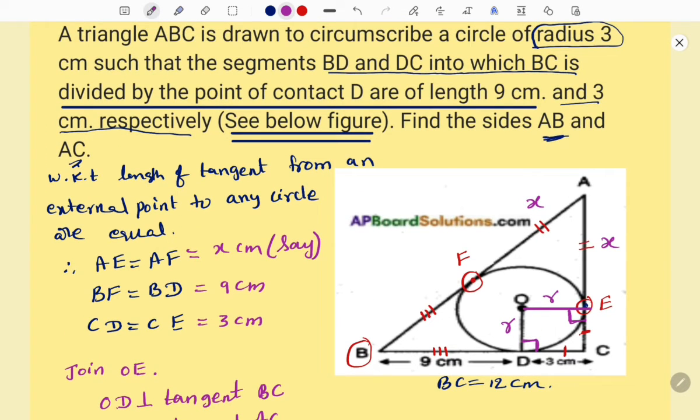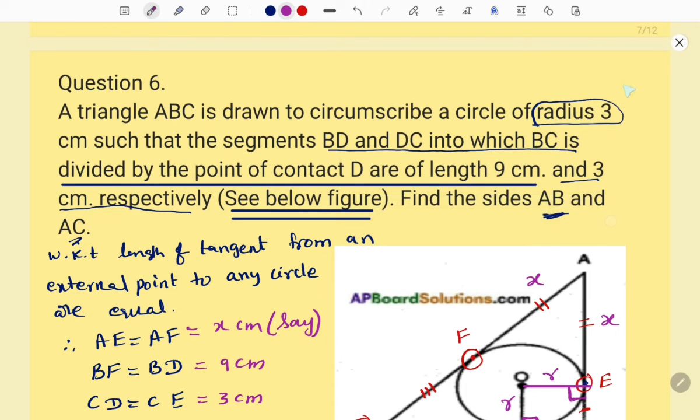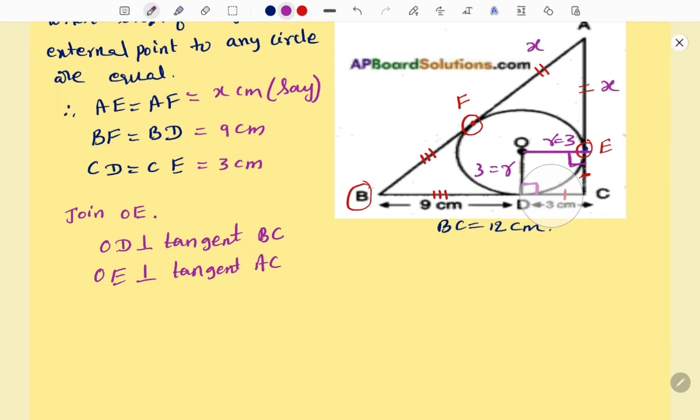Now OD is a radius, and OE is also a radius of the circle. In the question it is given that the radius is 3 centimeters. Therefore this is 3 centimeters and this is also 3 centimeters. In ODCE, this quadrilateral, two angles are 90 degrees and two adjacent sides are equal.